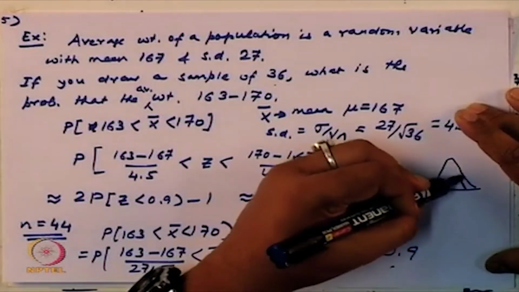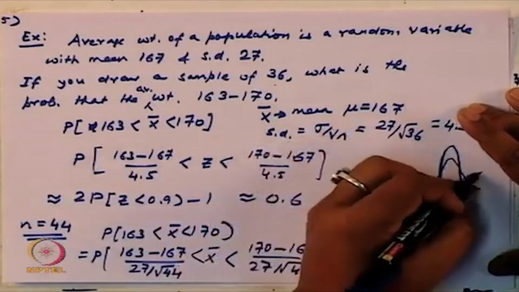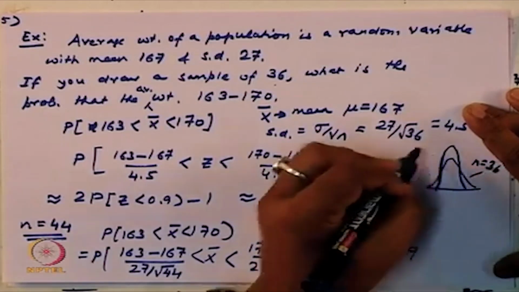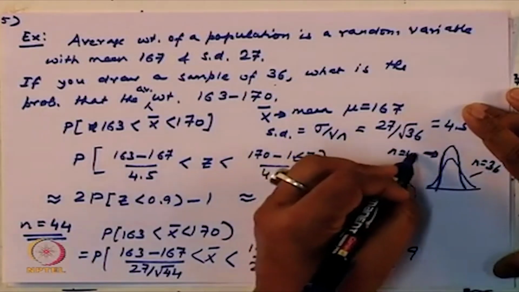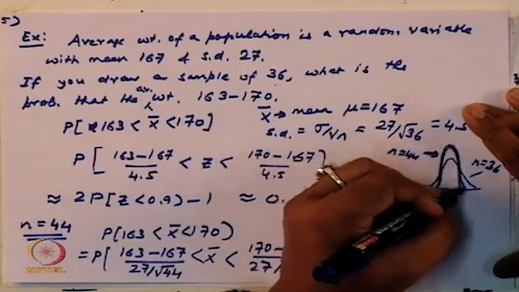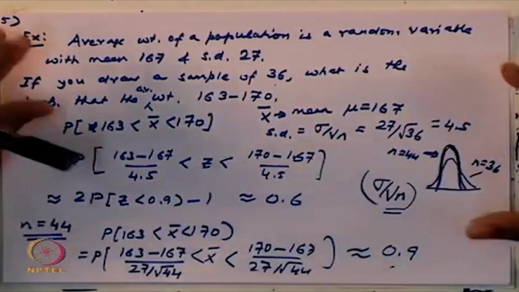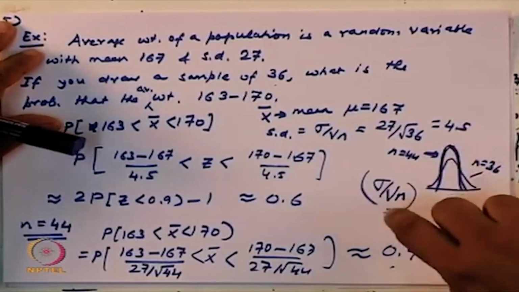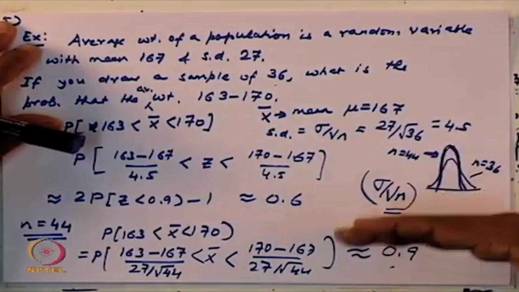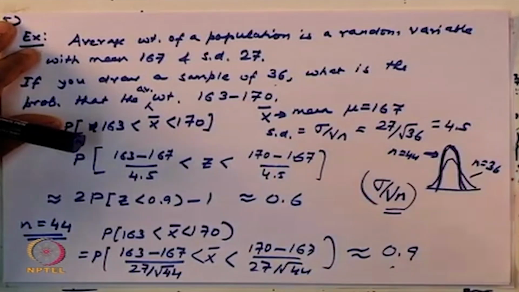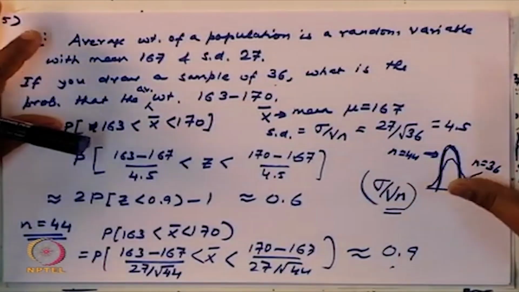So, this was for n equal to 36 and this was for n equal to 44. I did not draw it nicely, but it was much more peaked than for n equal to 36. This shows that because of this reverse scaling, when you increase the sample size, you are much more confident of predicting the mean value.